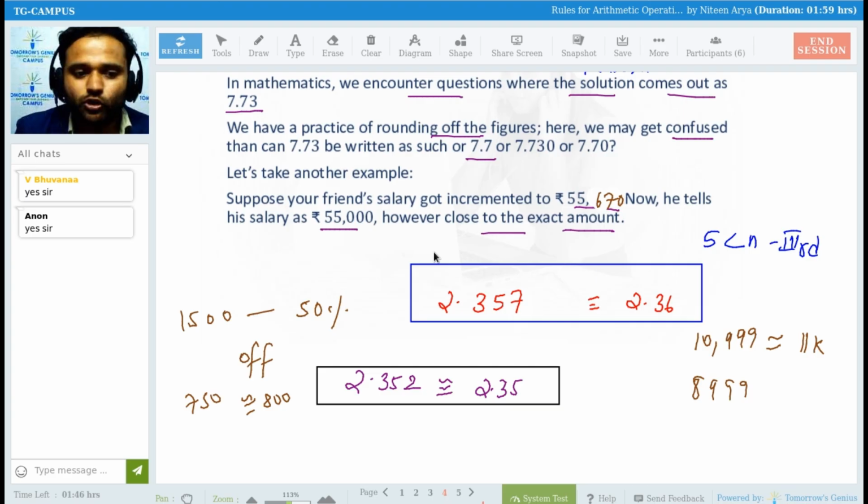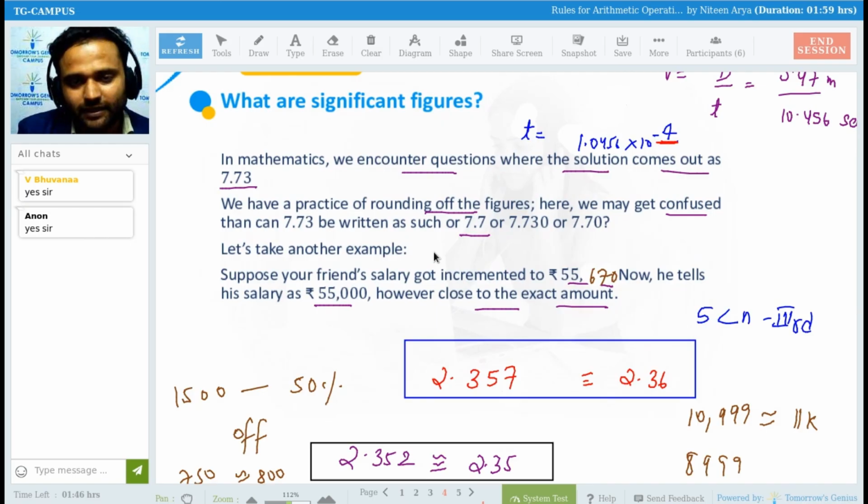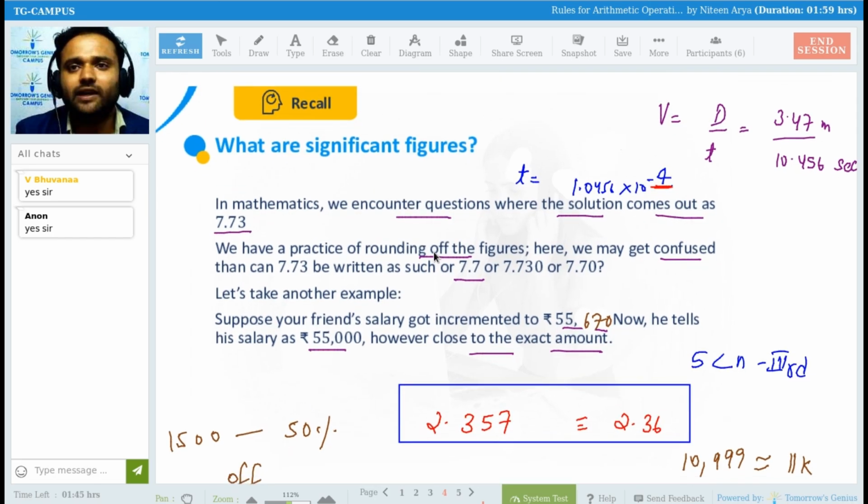But when we are talking about precise data, then we need to take care of a lot of things. What are these things? Basically, these things are known as significant figures. A significant figure is just the number up to which particular order your answer needs to be precise or accurate.